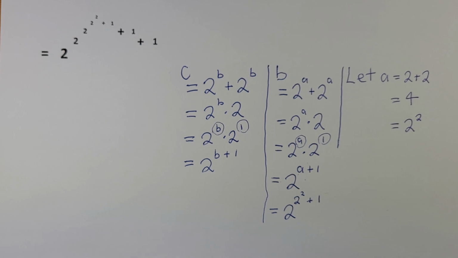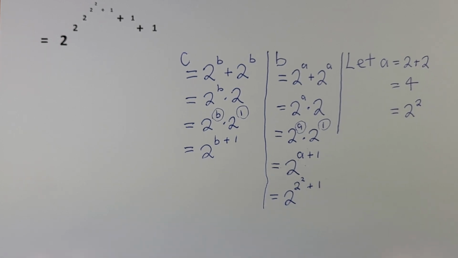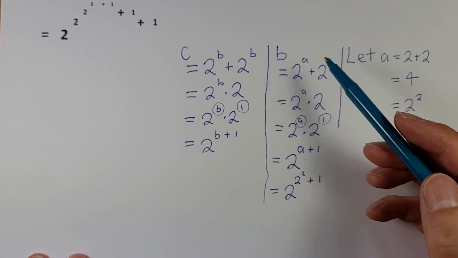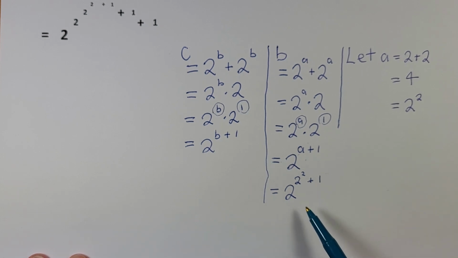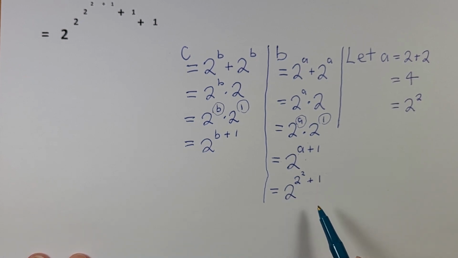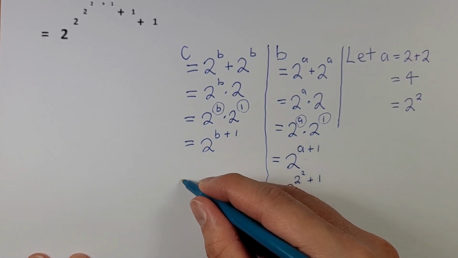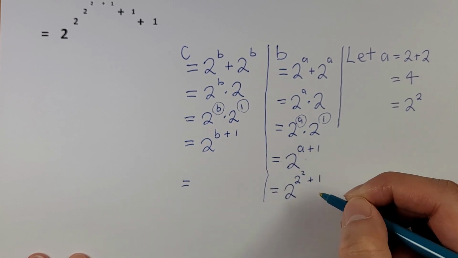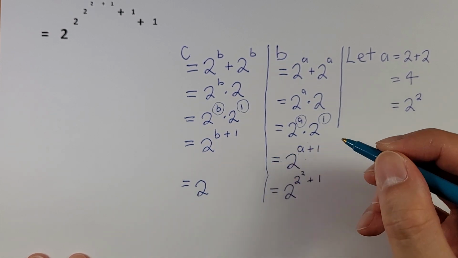And now I make my second substitution. Remember here that b equals 2 to the power of 2 to the power of 2, plus 1. So by making this substitution, I find out that c equals this number here.